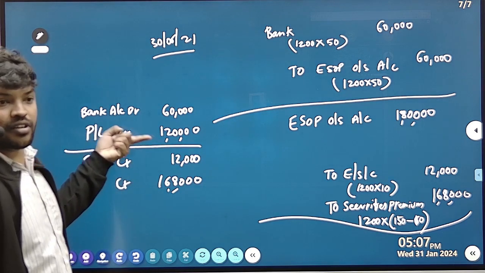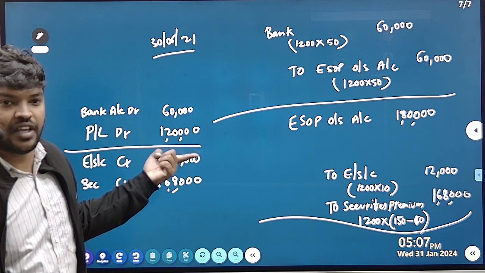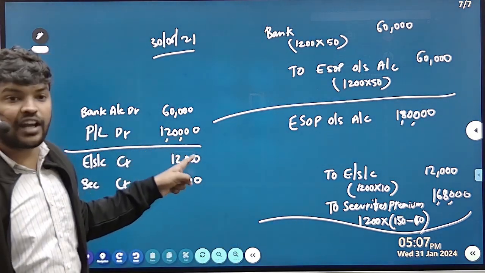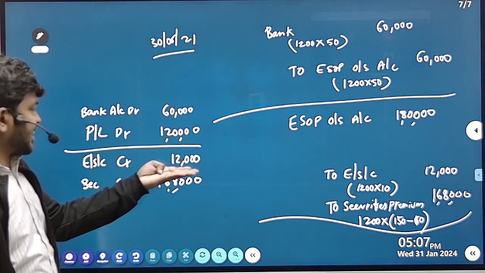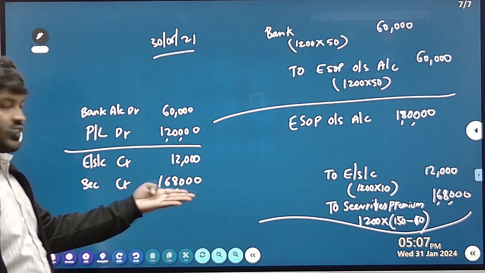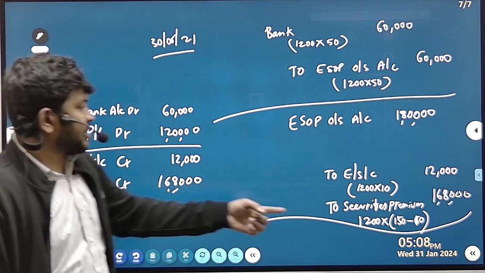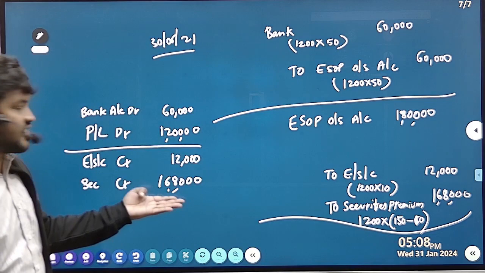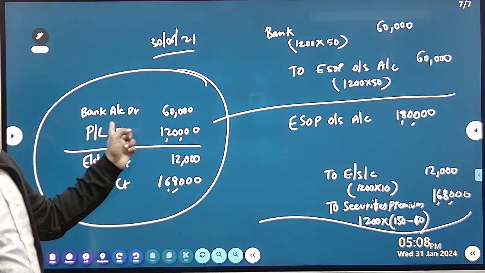P&L लॉस नहीं, यू शुड कॉल इट एज एम्प्लॉय कॉम्पनसेशन एक्सपेंस. एम्प्लॉय कॉम्पनसेशन के नाम पे कितना खर्चा किया? 1,20,000. टोटल 1,80,000 डेबिट. क्रेडिट इक्विटी शेयर कैपिटल में कितना जाएगा? 12,000. नेट बैलेंस अमाउंट शेयर प्रीमियम. दिस इज द नेट इफेक्ट. अंडरस्टैंडिंग?